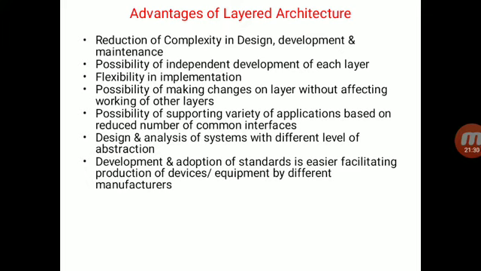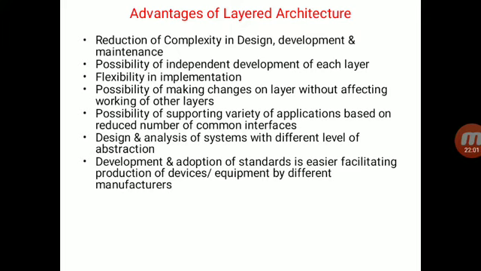So layer 2 depends on layer 1, layer 3 depends on layer 2, layer 4 depends on layer 3, and similarly the upper layers depend on lower layers. That dependability is there when the structure is monolithic. But if it is a layered structure, there will not be interdependability, so you can make changes in each layer without affecting the upper and lower layers.